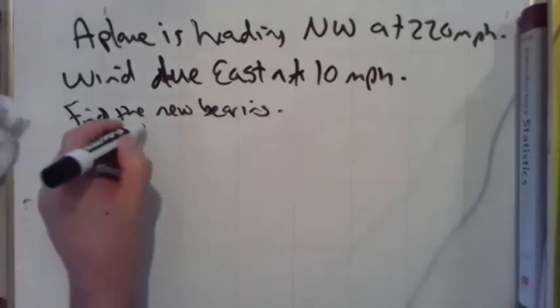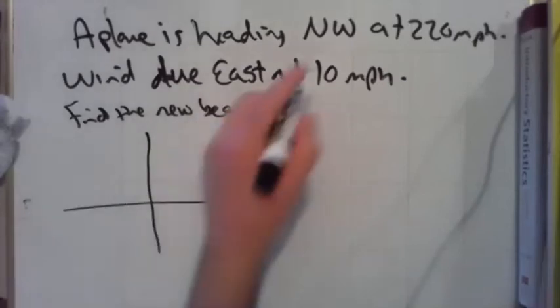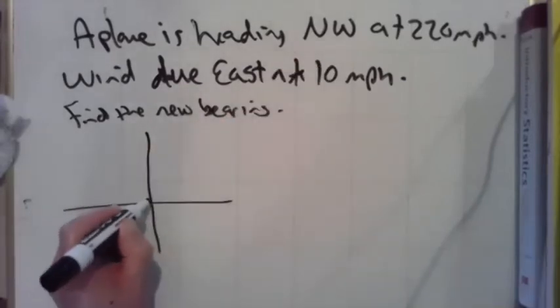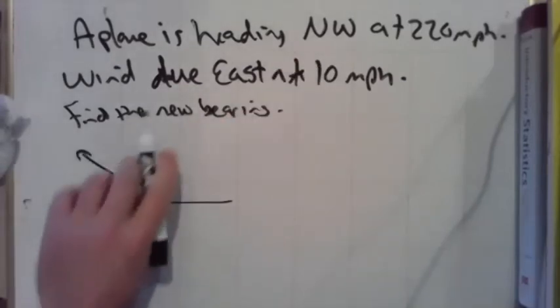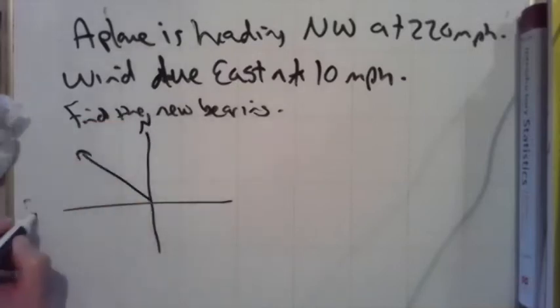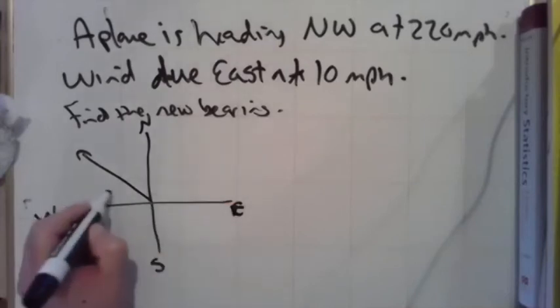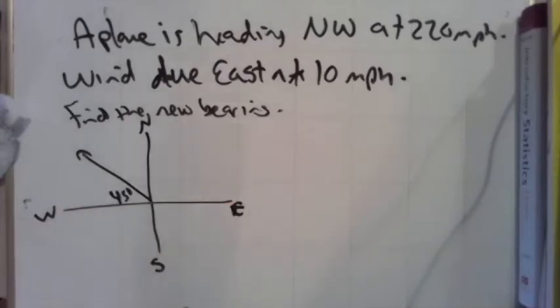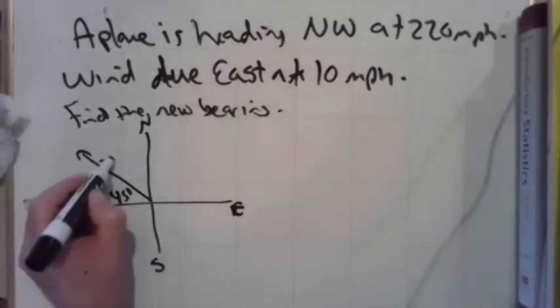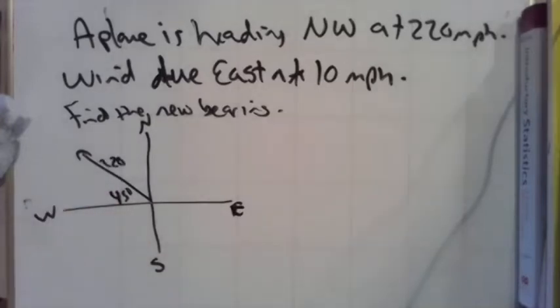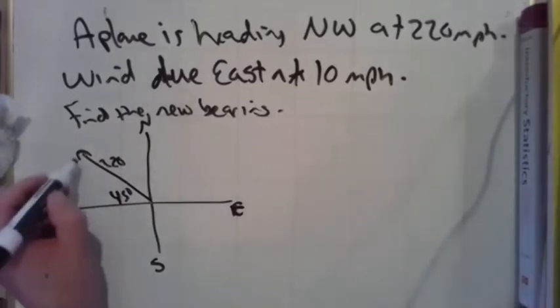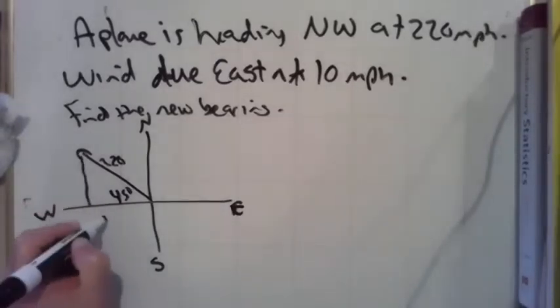All right, let's draw this out. So my plane was going straight northwest. That's here, halfway between north and west, so that's a 45-degree angle. It was trying to go at 220. That will be the magnitude of my vector. I need to find his x component.